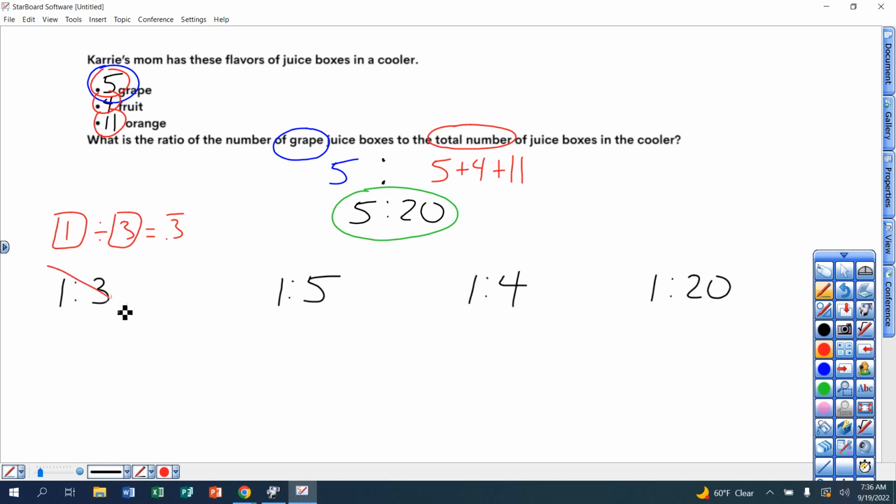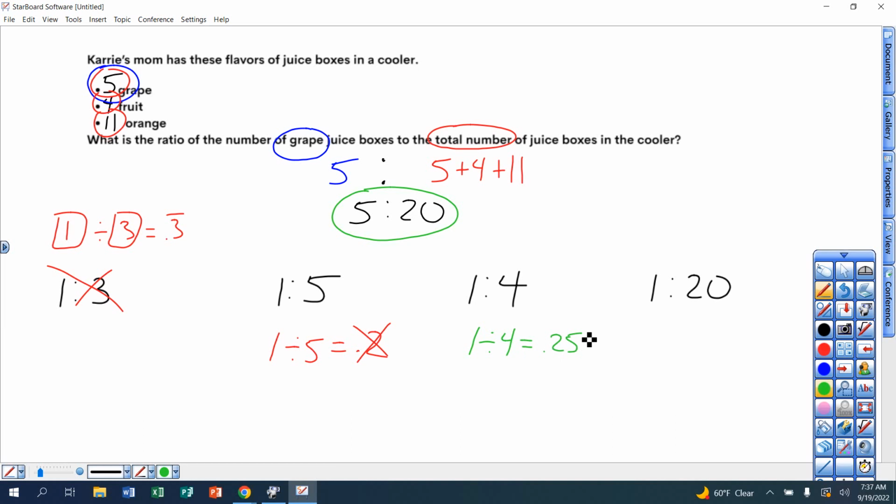No good. If I divide 1 divided by 5, this one gives me a value of 0.2. That's no good. If I do 1 divided by 4, though, that gives me a value of 0.25.